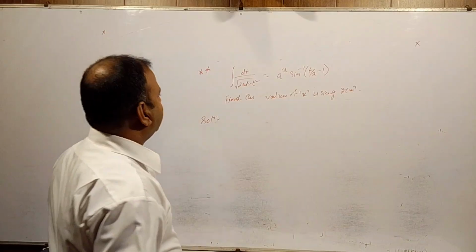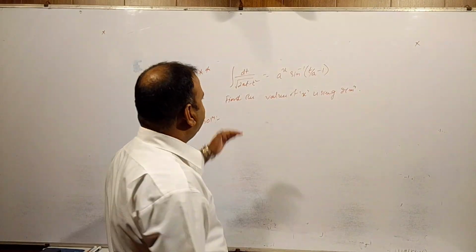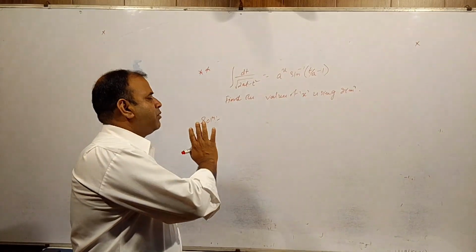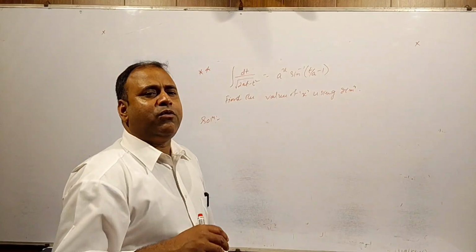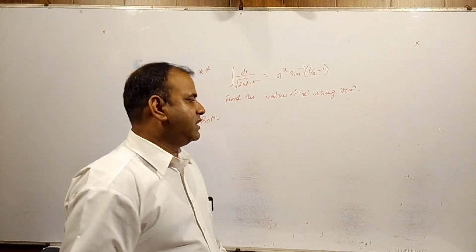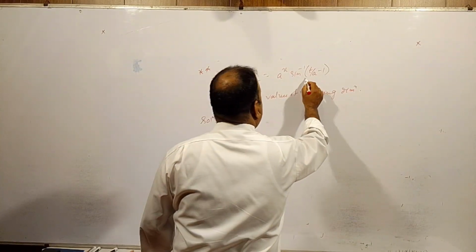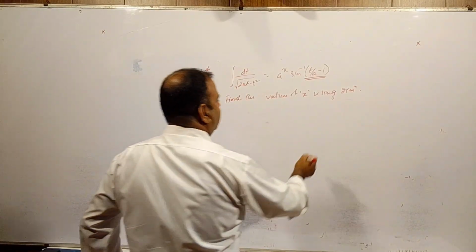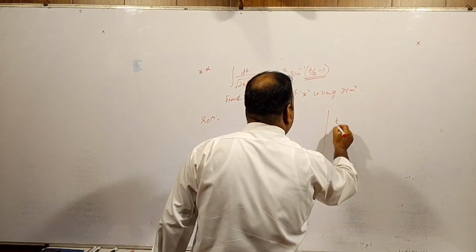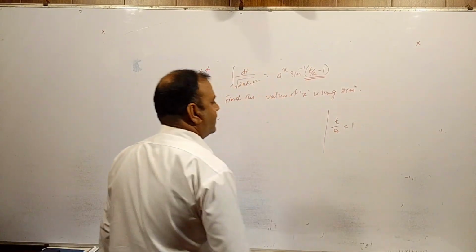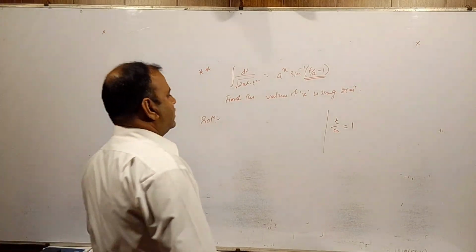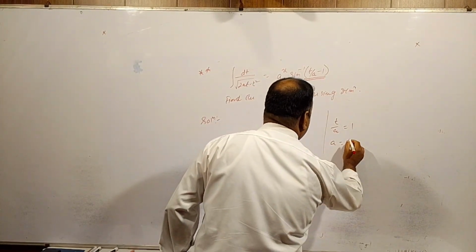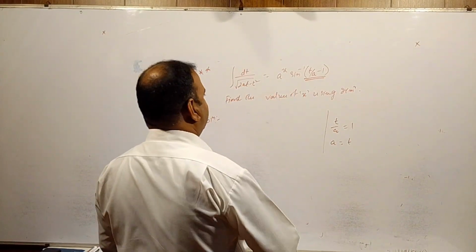Suppose it is given. Here first you have to check, this is a kind of relation, in which part can we use the principle of homogeneity? Now see, this part we can use the principle of homogeneity. So using the principle of homogeneity we can write t by a is equal to 1, so a is equal to t.